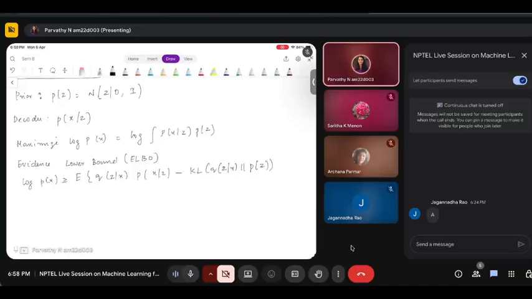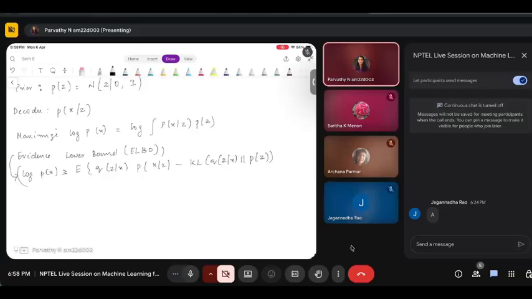So this is the ELBO, this part. I will tell what this means. So what we started with was latent space z. We don't know what this latent space is. So we assume that it is a Gaussian with zero mean and a unit variance.